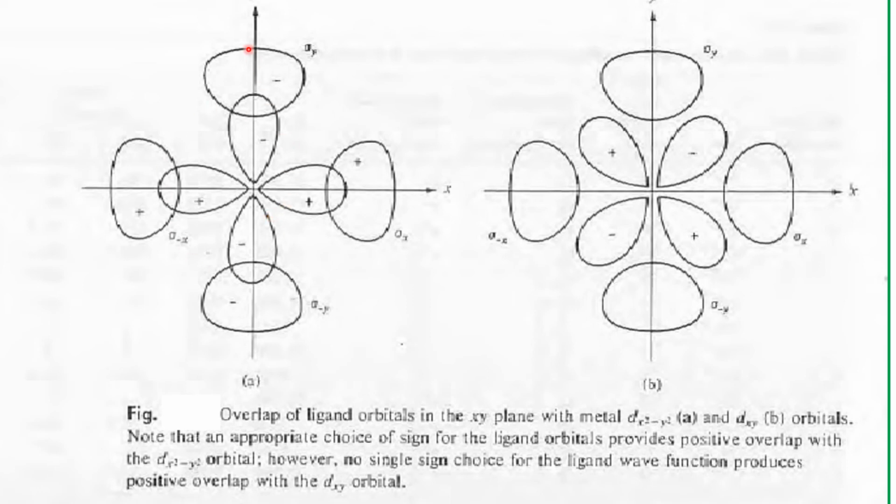So these dx²-y² orbitals are in the same direction as the ligand orbitals, so positive overlap occurs and there is sigma bonding. But in the case of dxy there is no positive overlap, so there is no sigma bonding for the t2g set.